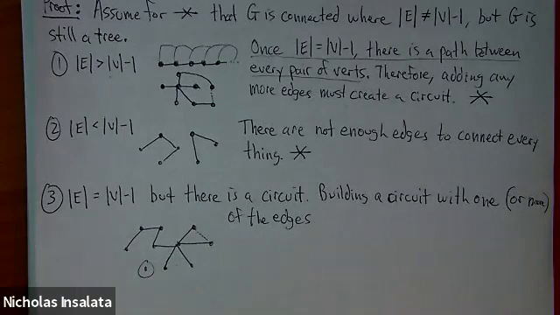You'll have a disconnected graph, not a tree. Yeah, there will be at least one of the vertices not connected up to the tree, right?